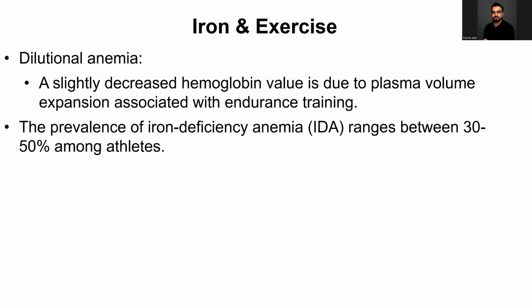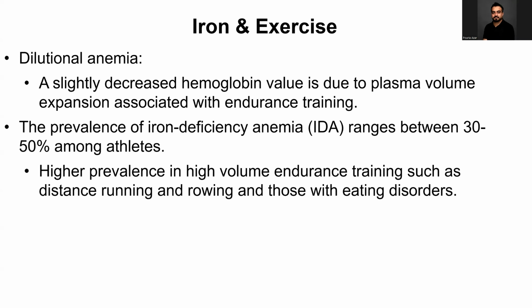The prevalence of IDA, iron deficiency anemia, ranges between 30 to 50% among athletes, which is high. And the prevalence of IDA in high volume endurance training, such as distance running and rowing, and among those with eating disorders is even higher compared to other groups of athletes.